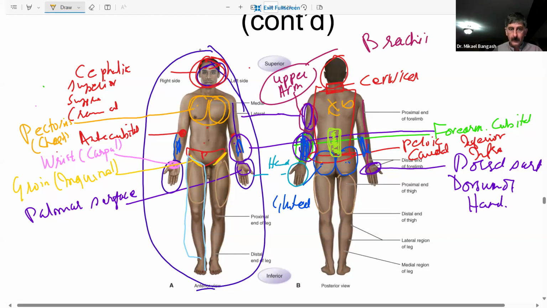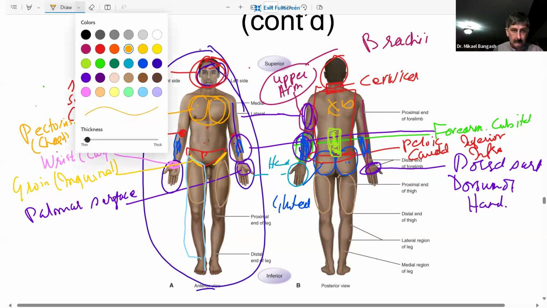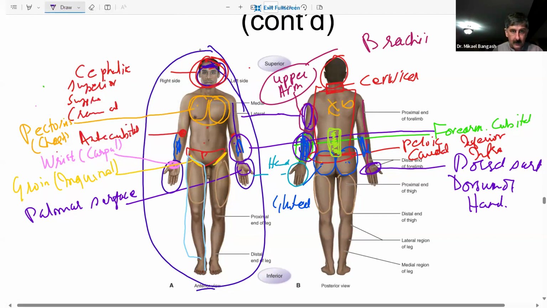Now just looking at the skull or cranium, this part of the cranium here is going to be frontal, whereas the back of your cranium or skull is what we call the occipital.